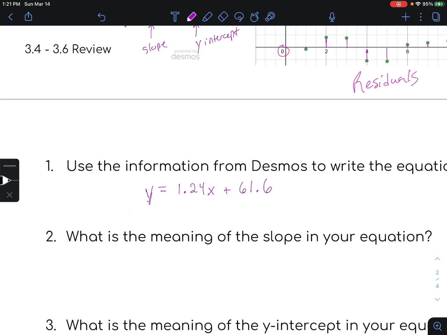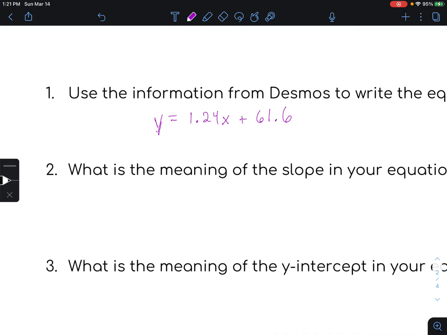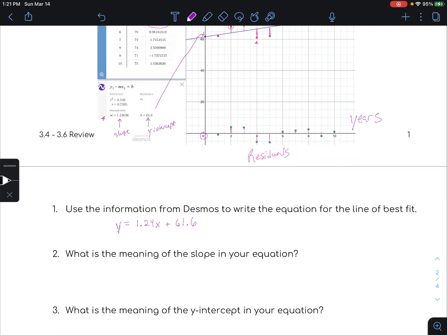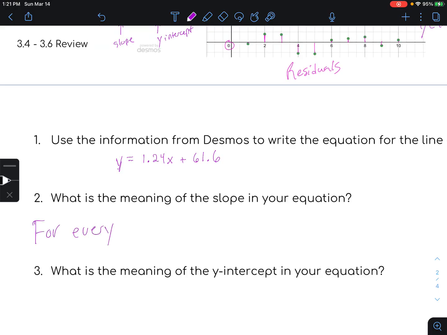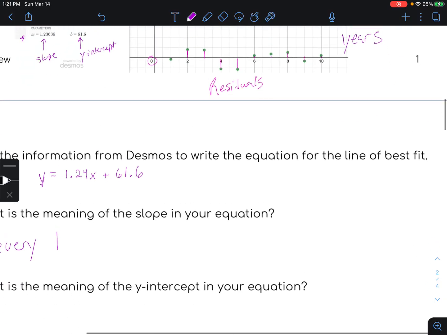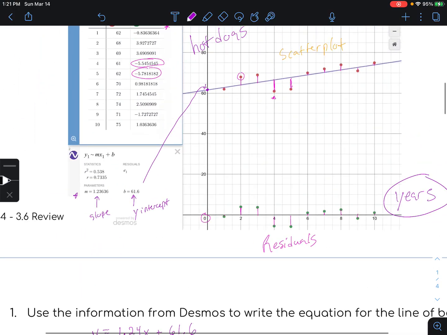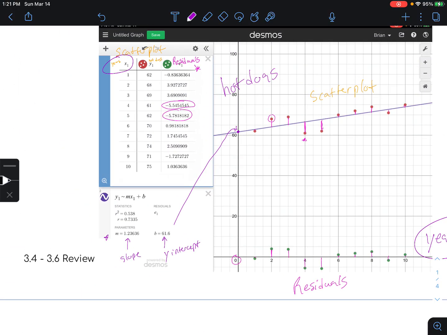What is the meaning of the slope? All right, recall that we talked about this a number of times, that the slope is essentially the change in y for every 1x. In this case, the x-axis represents years, so years are our x values.